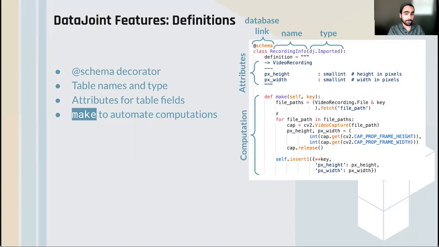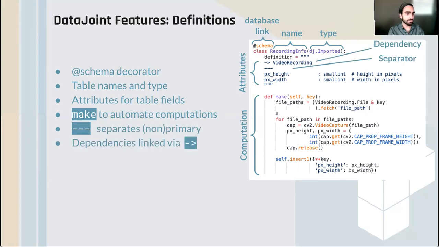Then we have computation. In the case of imported and computed tables, this is the set of commands that generates the contents for this table. We call these make functions, and then in the course of running your pipeline, you might use the populate command. This takes each of the primary keys from a table and runs some sort of process on them.